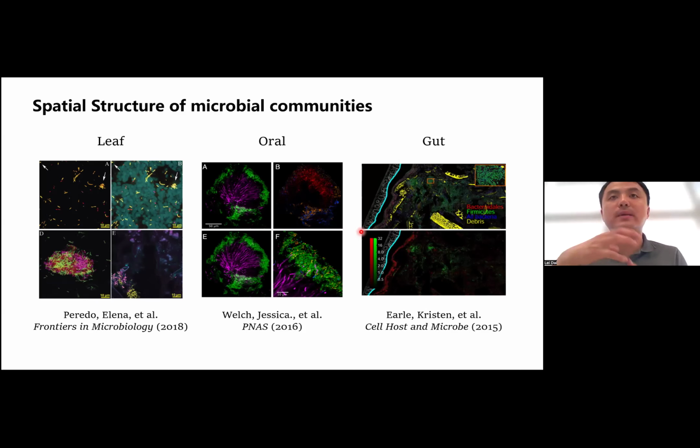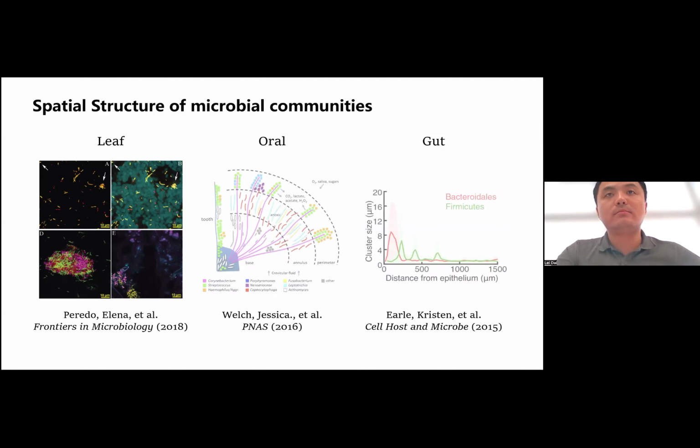Okay, a multi-species biofilm, and they organize in such a way because there's environmental heterogeneity, because there's, for example, the oxygen gradient, there's host metabolites, there's interspecies interactions.